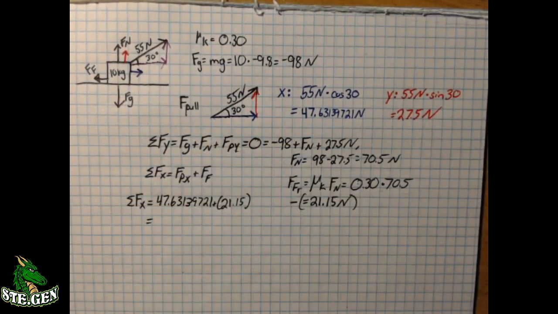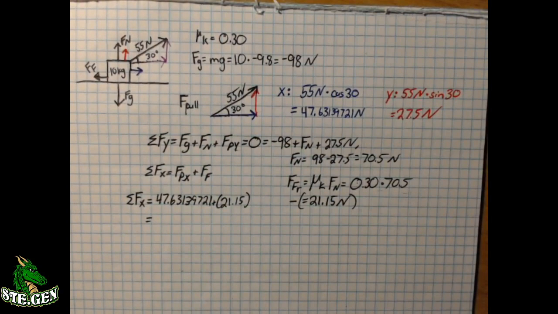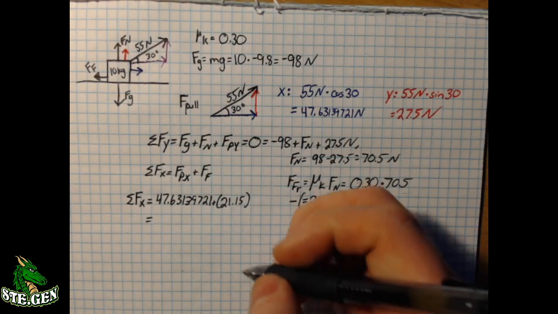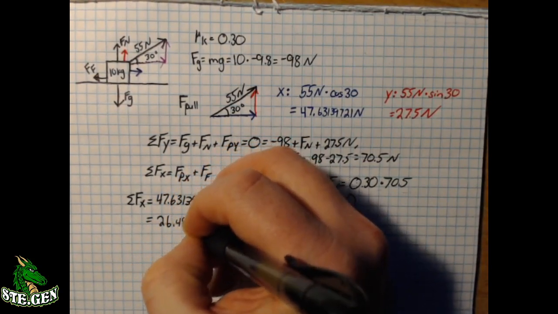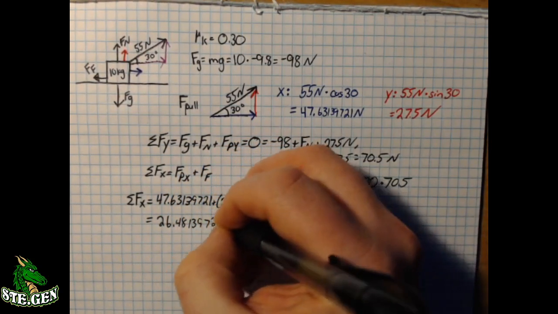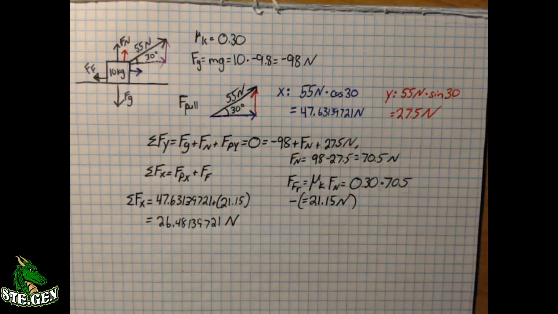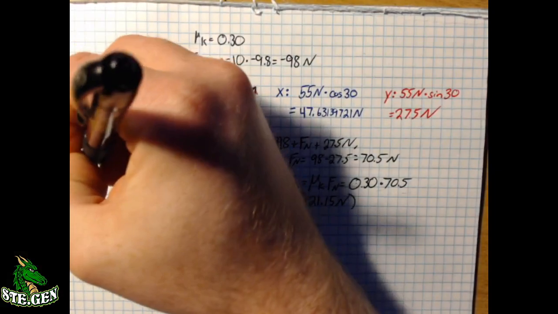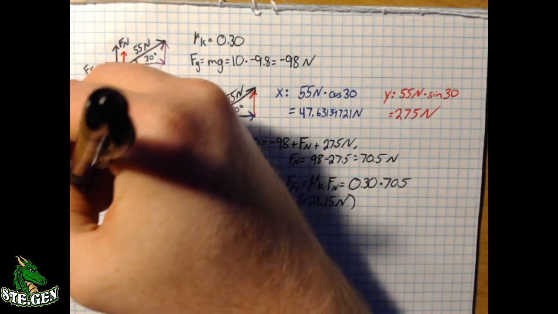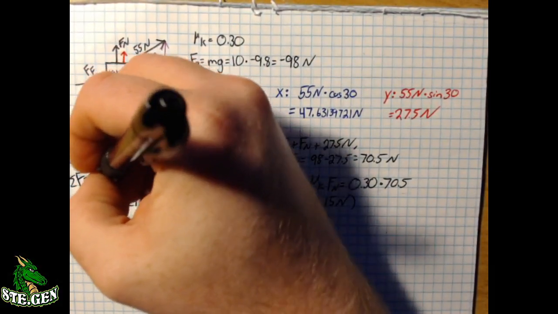So put that in our calculator. Minus 21.15, you get 26.48139721 newtons. But the question asks for acceleration, and the sum of the forces is equal to mass times acceleration.